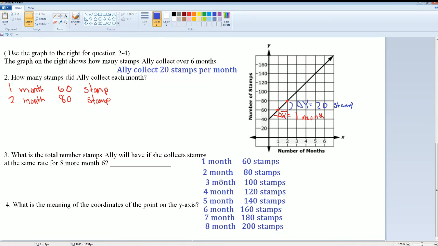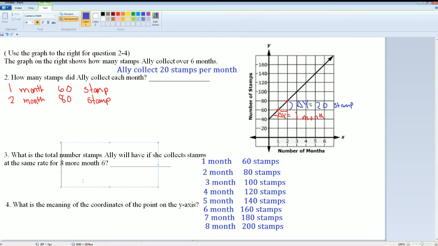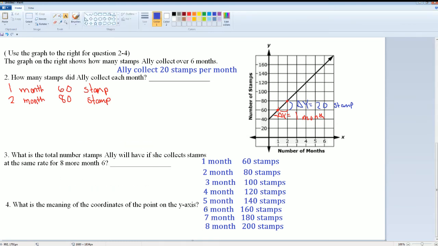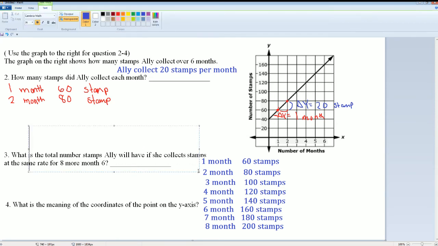This is the 6th month, but we want 8 more months from here. So 6, 7, 8, 9, 10, 11, 12, 13, 14. 14 months. We could just keep extending it.